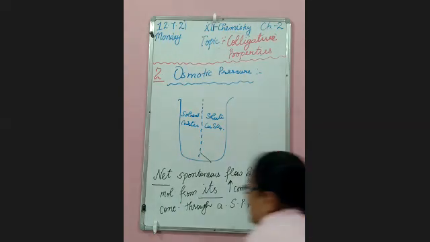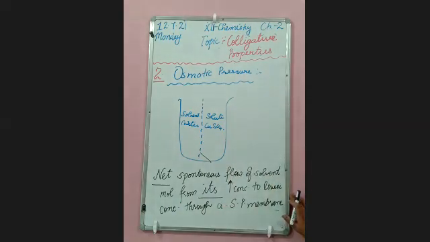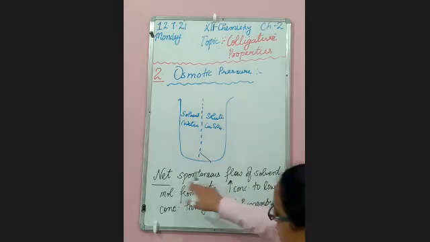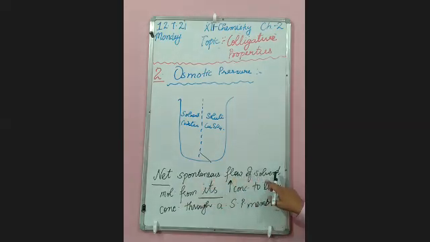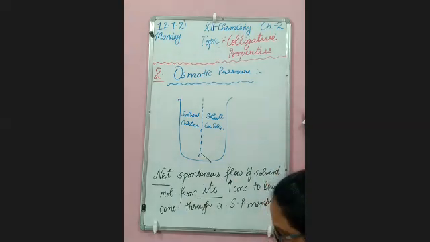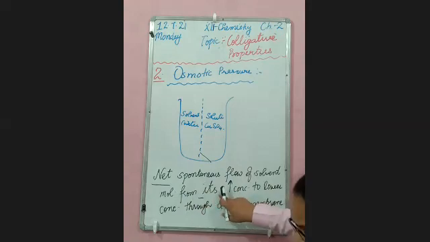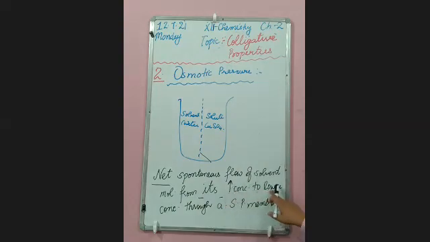So kindly just see this definition once. Net spontaneous flow of solvent molecules. If you forget to write the term "its", it means concentrated solution to dilute solution. No. In terms of solvent, it is from dilute solution to concentrated solution, because if you are writing in terms of solute, then this definition is different.